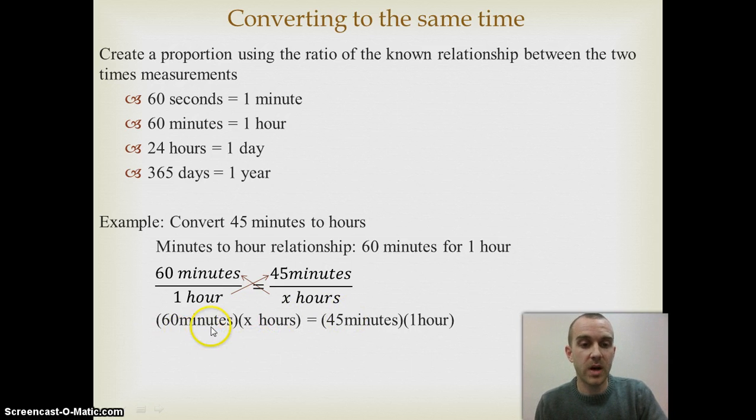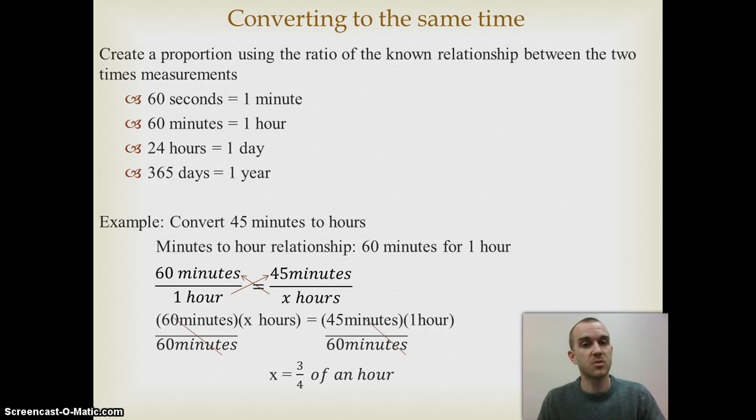Now when I divide by the 60 minutes, what I notice is that my units of minutes go away, and I have equivalent measures of units left. My x hours is going to equal 45 over 60 hours. And that's what I want. I want those units to be equivalent. So if I simplify 45 over 60, I get 3/4 of an hour.